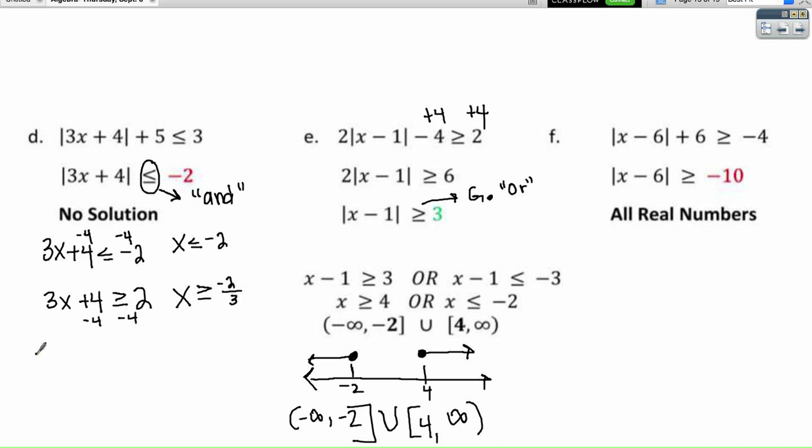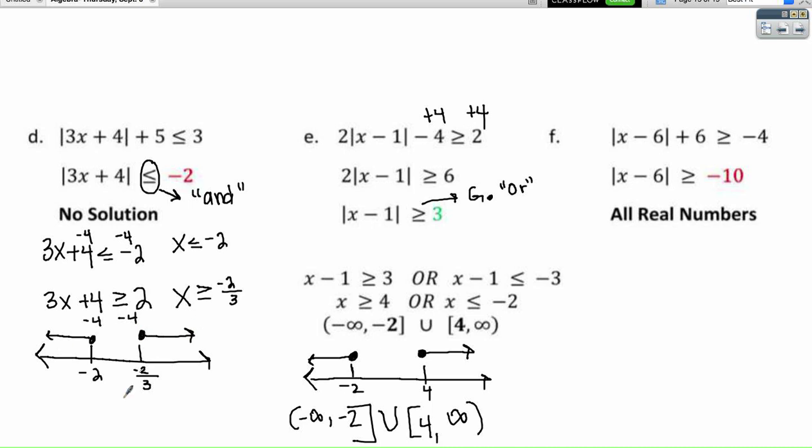So if I were to try and graph this, I would have x is less than or equal to negative 2. At negative 2, I would have a shaded in circle going to the left. And then at negative 2/3, which is down here closer to 0, I have greater than or equal to negative 2/3.